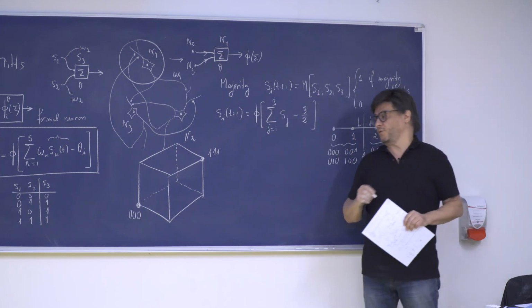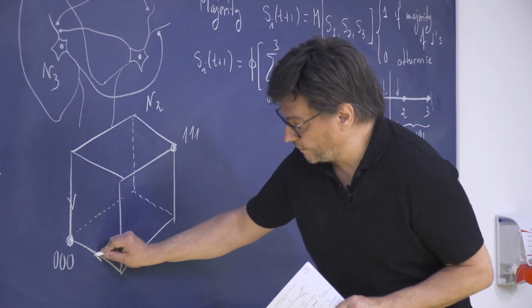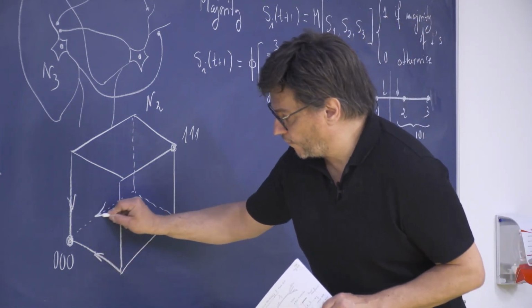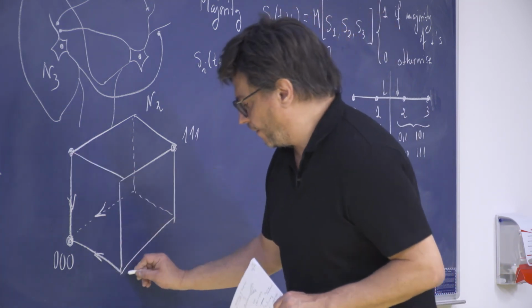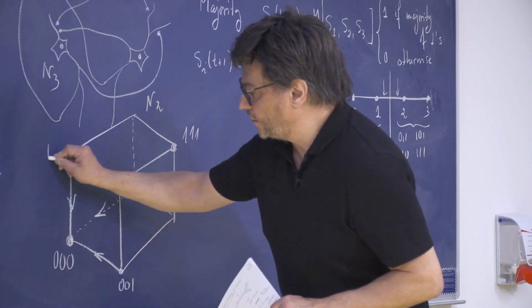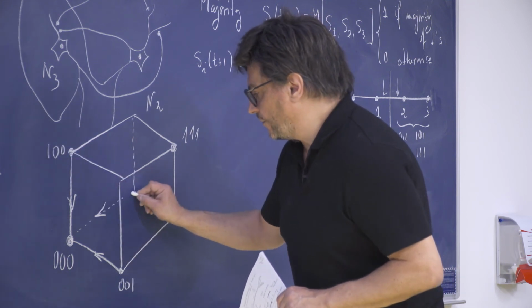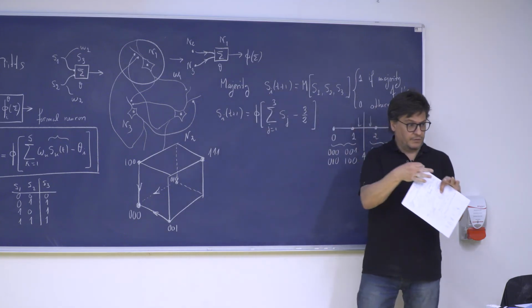And what you will find out is you have a number of states that go into the 0, 0, 0. Which ones? Well, those where the majority is of zeros, all right? All those go into the 0, 0, 0.